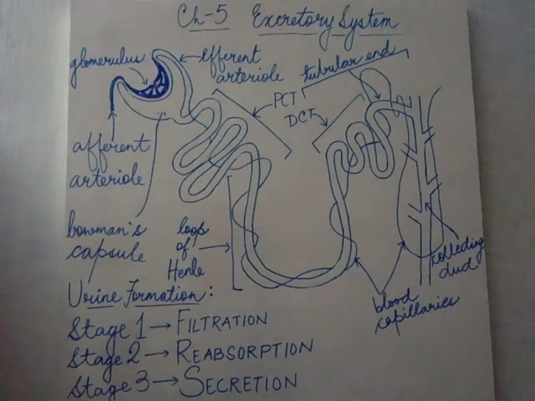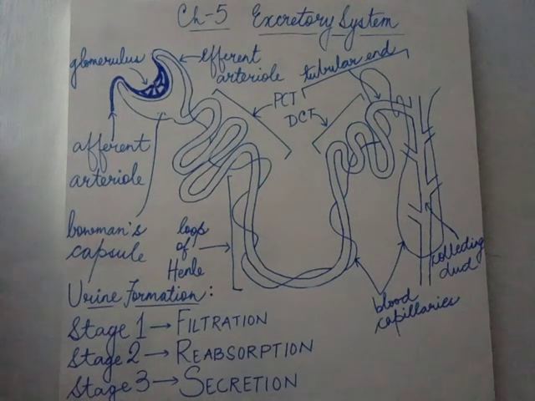Children, you know that gaseous metabolic waste like carbon dioxide is eliminated through the lungs during respiration or breathing. Carbon dioxide is a byproduct of respiration which we eliminate during exhalation.